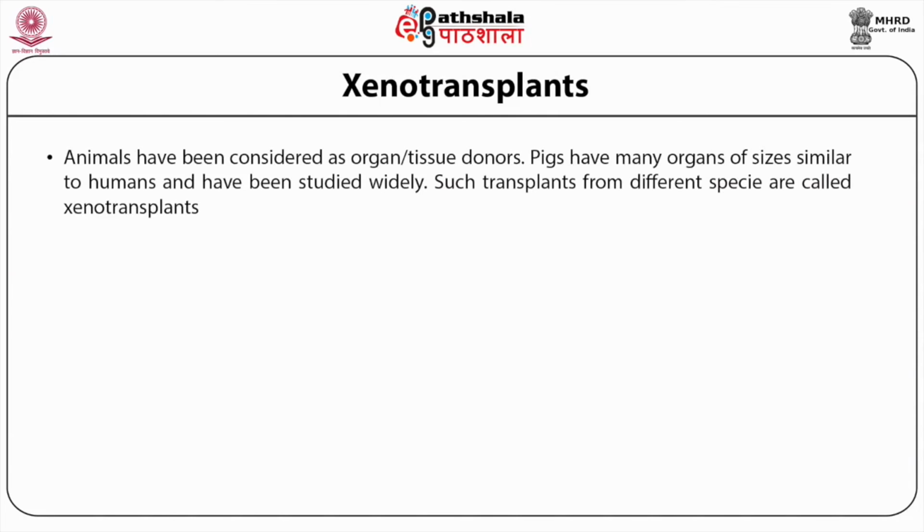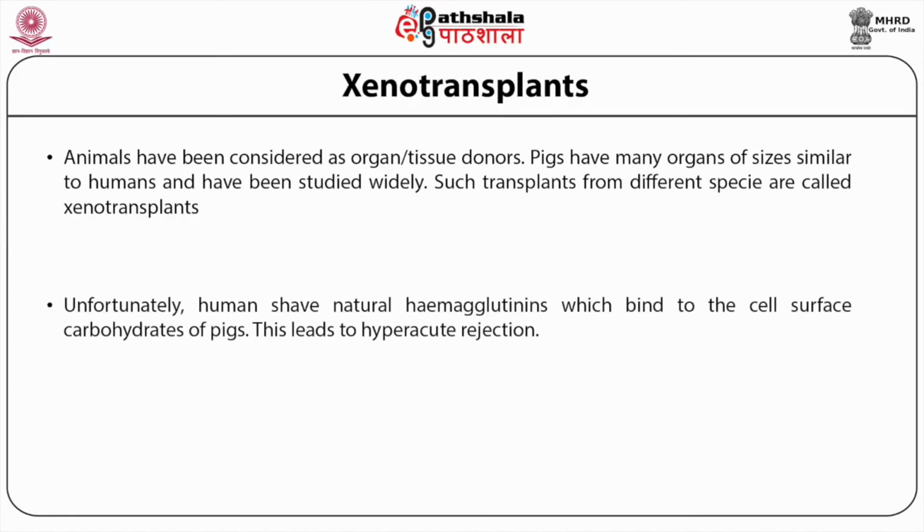Animals have been considered also as organ tissue donors for human beings. Pigs have many organs of sizes similar to humans and have been studied widely. Such transplants from different species are called Xenotransplants. Unfortunately, humans share natural hemagglutinin which bind to the cell surface carbohydrates of pigs.